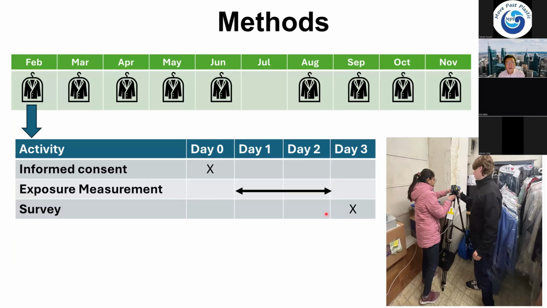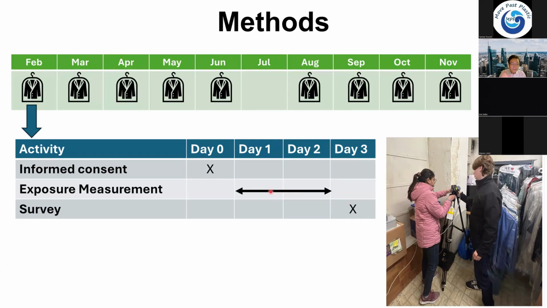Once the dry cleaners agreed to participate, we obtained an informed consent form on the first day, and then we deployed our air sampling devices. As you see in the pictures on the right, we collected airborne samples for 2 consecutive working days.